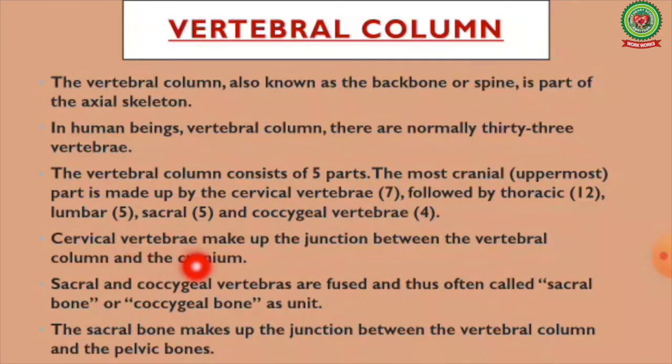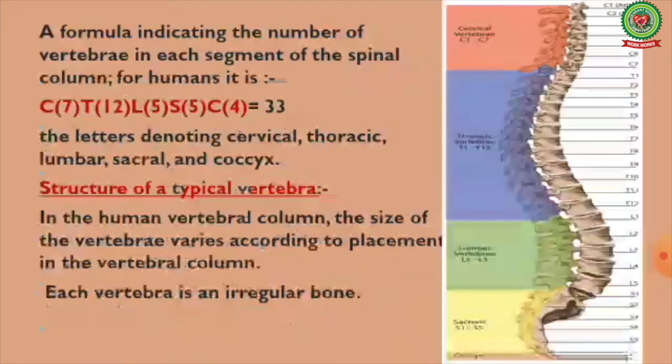Sacral and coccygeal vertebrae are fused and thus often called the sacral bone or coccygeal bone as a unit. The sacral bone makes up the junction between the vertebral column and the pelvic bones. In this image, we can see the total number of 33 bones.